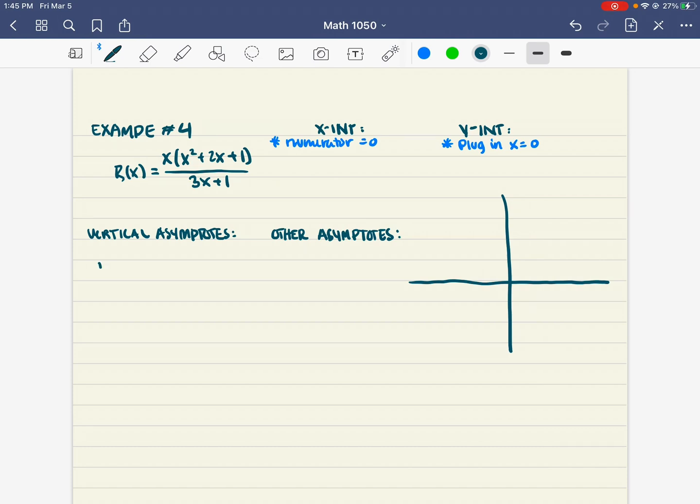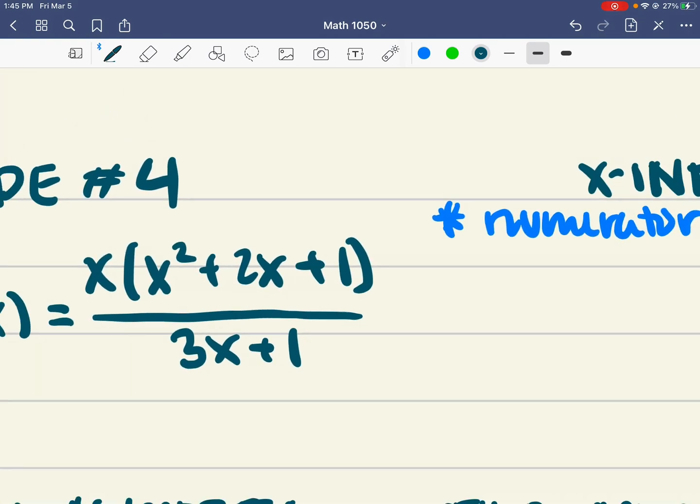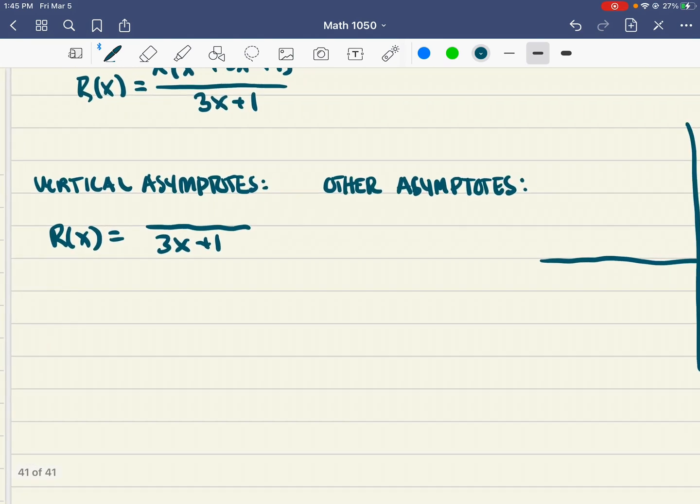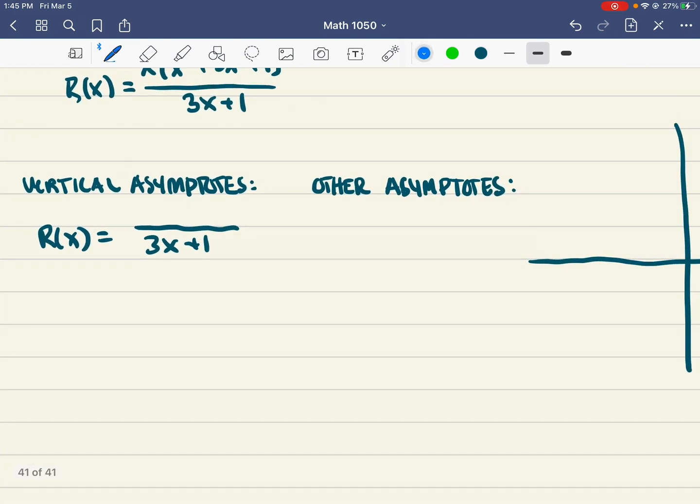Perfect. So for our vertical asymptotes, we don't really have to factor at all because the denominator is already as factored as it's going to get. And in fact, I can tell that there's not going to be anything that cancels that either, just from what I can tell the numerator is going to factor into.